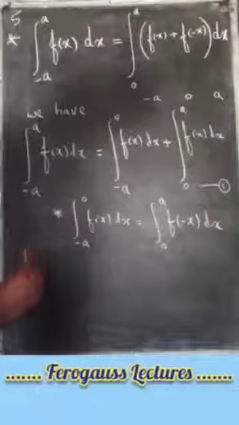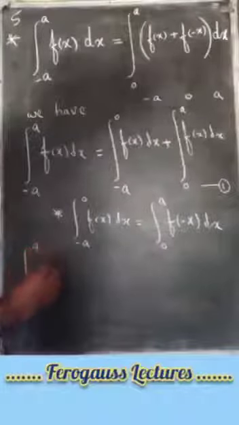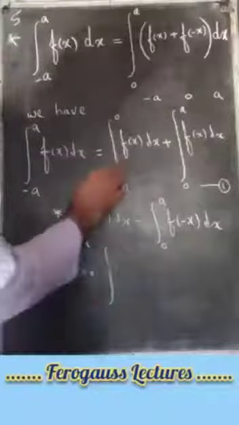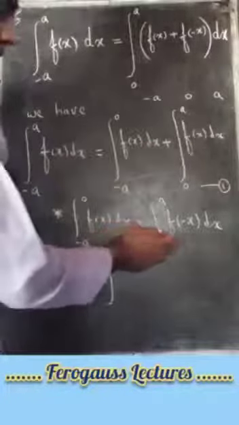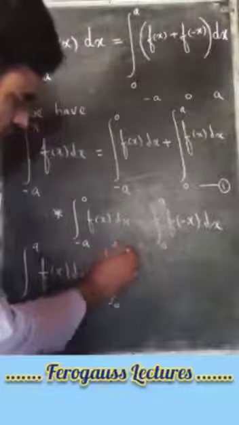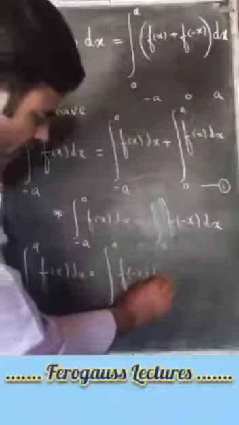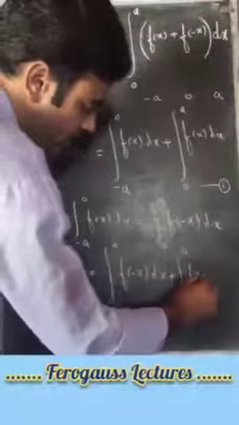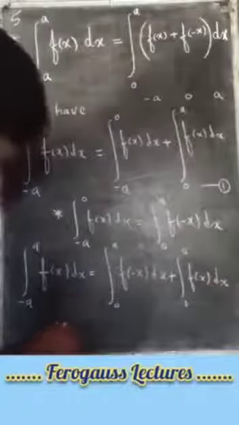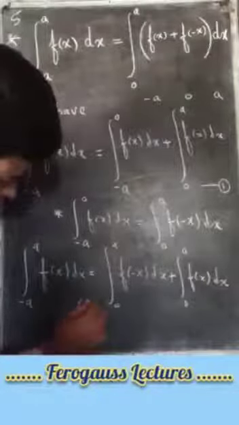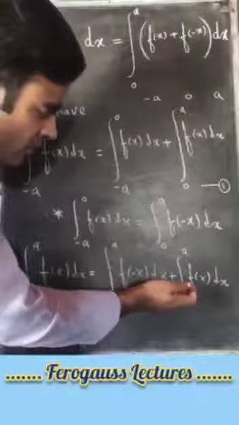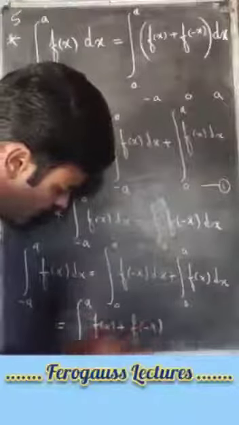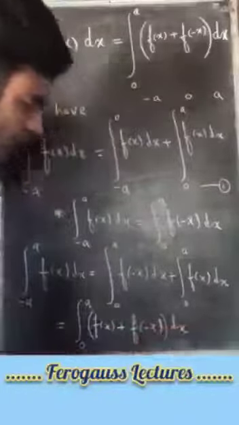Now we can write integral minus a to a f(x) dx is equal to, instead of this integral minus a to 0 f(x) dx, we can write this integral 0 to a f of minus x dx, plus we have this integral 0 to a f(x) dx, or we can write it as integral 0 to a, then we have f(x) plus f of minus x dx.